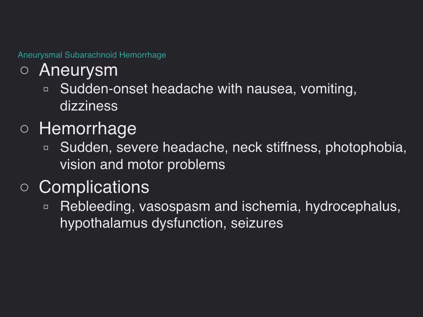There may even be pituitary dysfunctions like diabetes insipidus, which is associated with hyponatremia. Hypertension is a frequent finding in aneurysm cases, and there may be cardiac arrhythmias resulting from a massive release of catecholamines that are triggered by the subarachnoid hemorrhage.